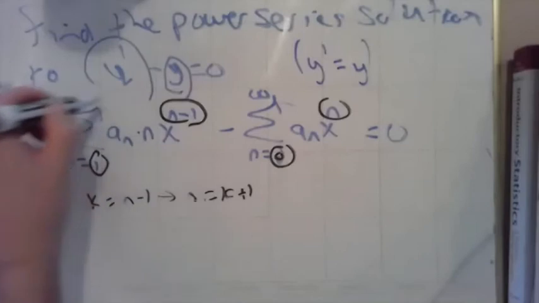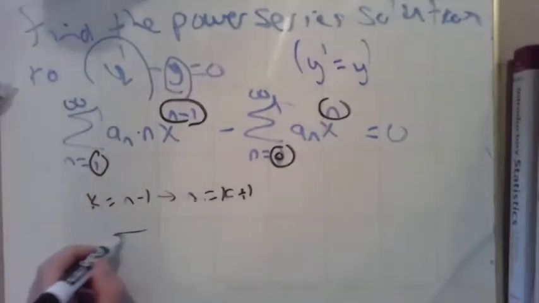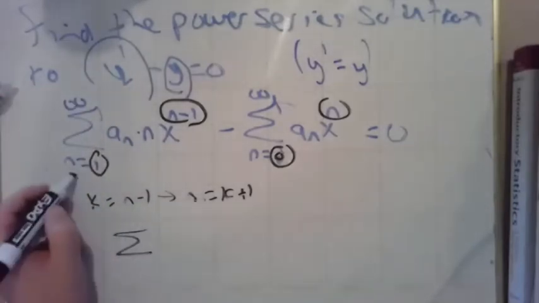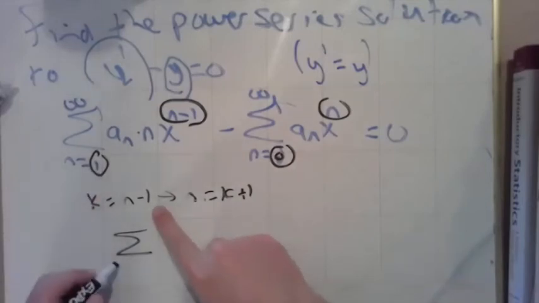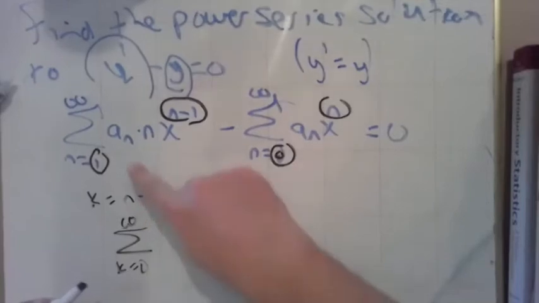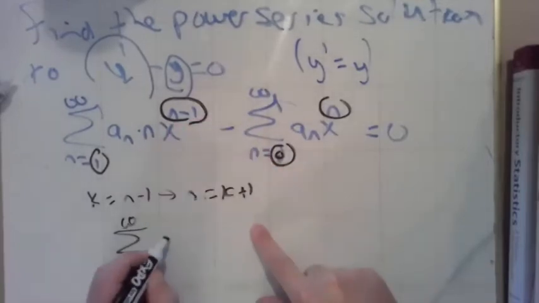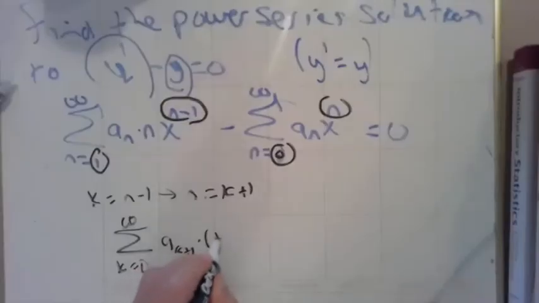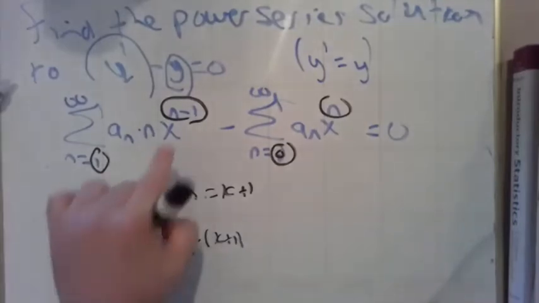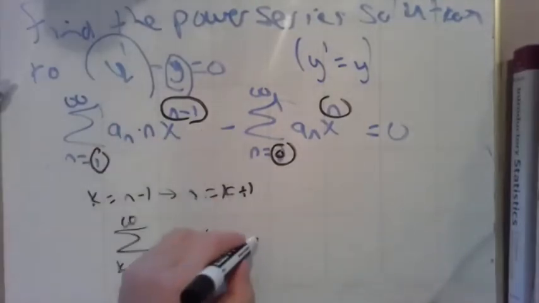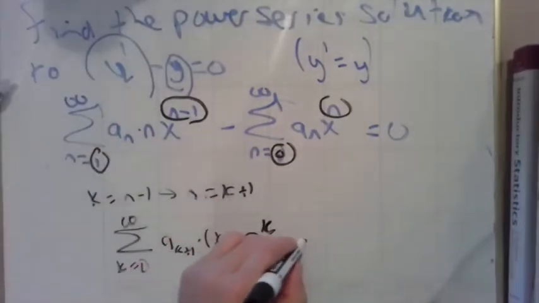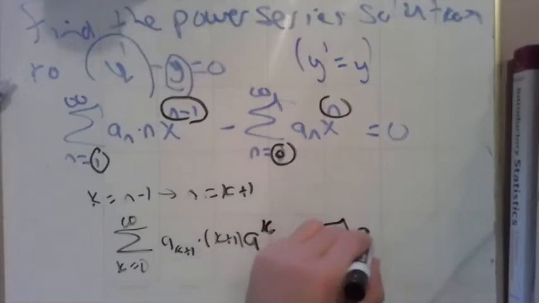I'm going to replace all my n's here in terms of k's. This sum will become: n equals 1 would be k equals 0. n is k plus 1. n is k plus 1. n minus 1 is what I called k. And then I've got this other sum.